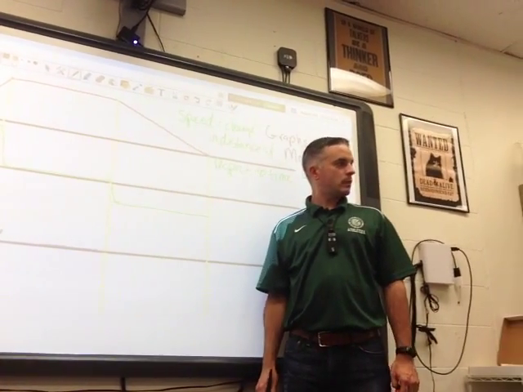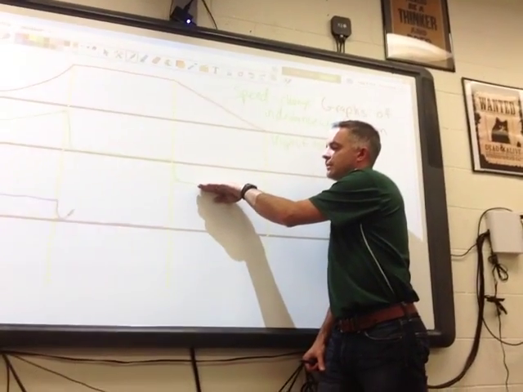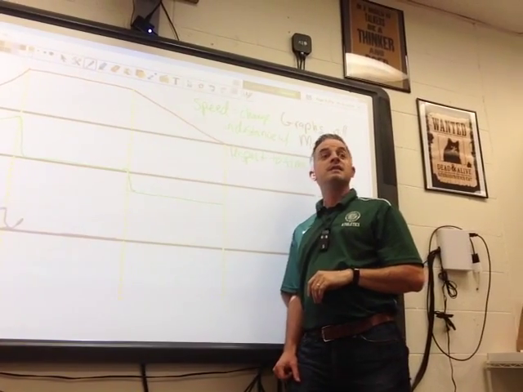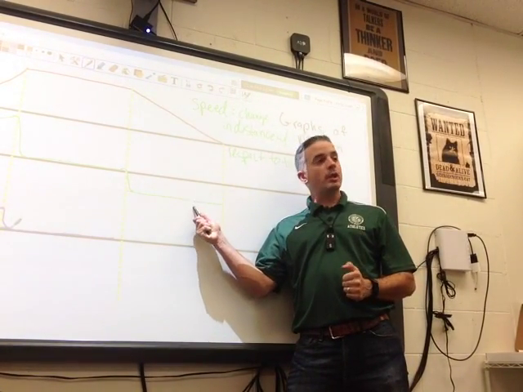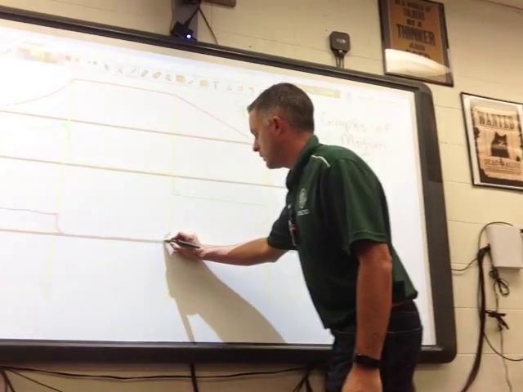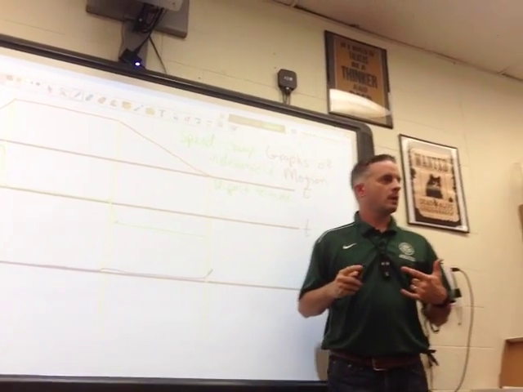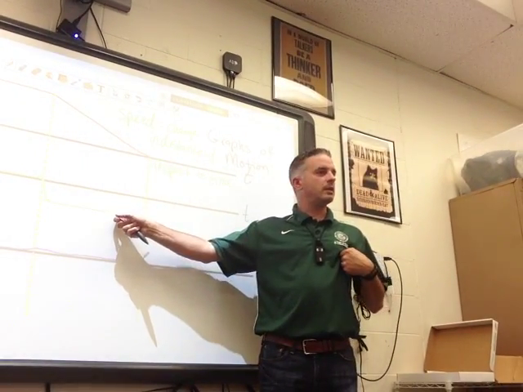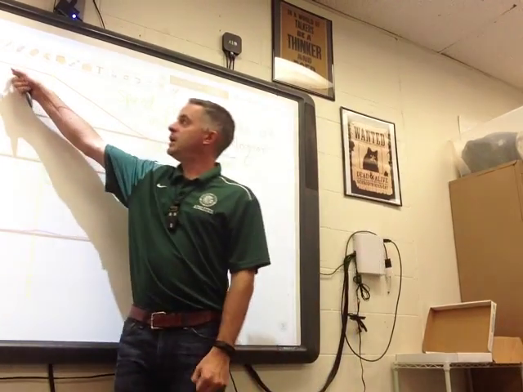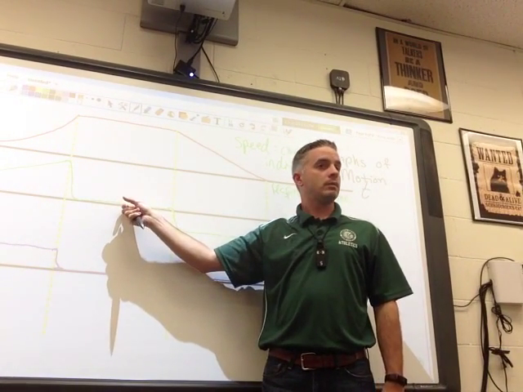Purple and black don't always mix well. Then let's look at this piece right here. What's the slope of this line? 0, right? 0 slope, so the acceleration is 0 as well. So that's actually interesting. You could have speed, but no acceleration. Same thing kind of happened here. You could have a position, but no speed.